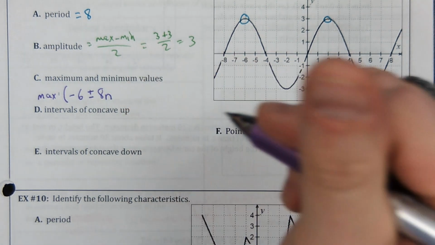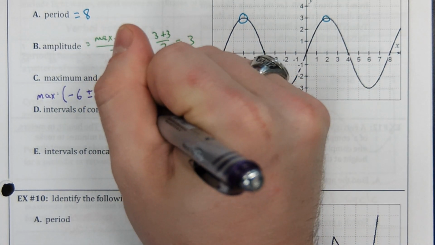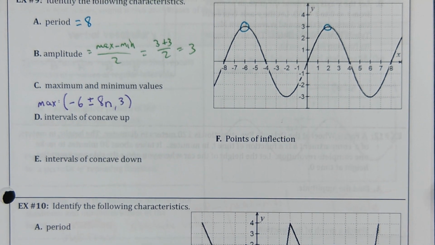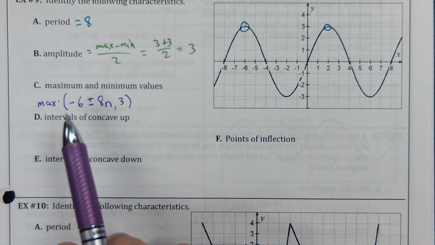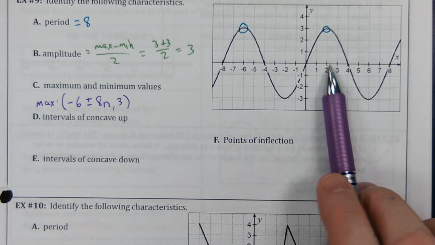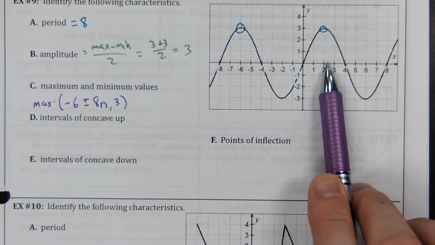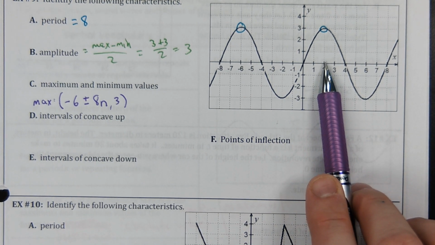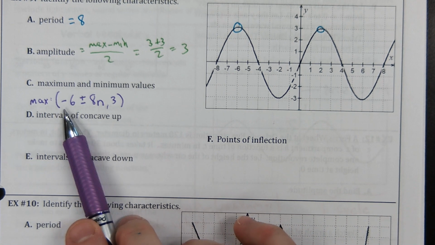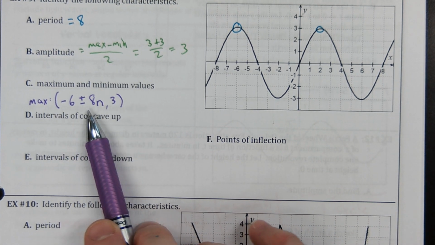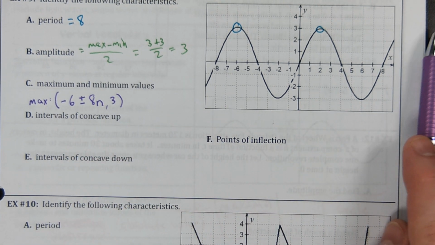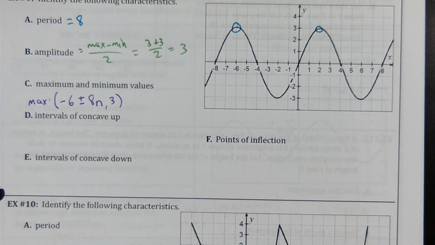And the maximum will always be positive 3. For example, if n is 1, you get negative 6 plus 8. That gives you positive 2, and there you are. See? If n is 2, you get negative 6 plus 16, which is positive 10. So the next maximum happens over here at positive 10. It's just showing you that that's how that works.